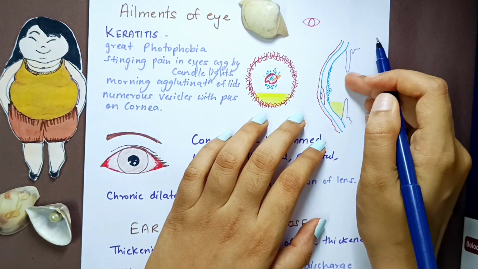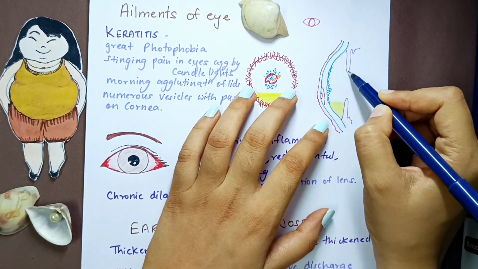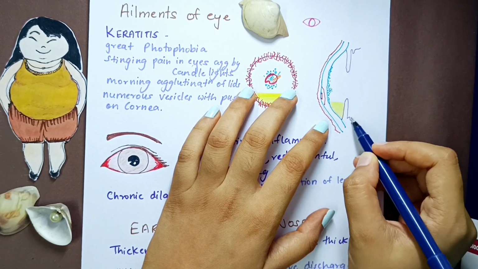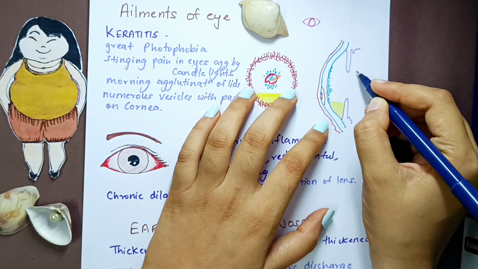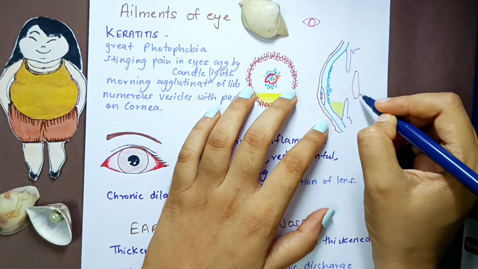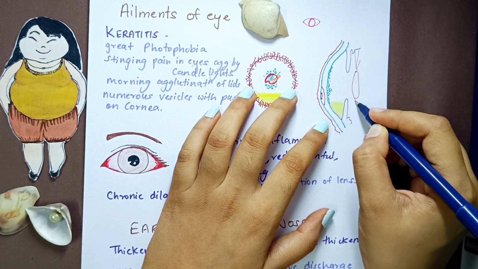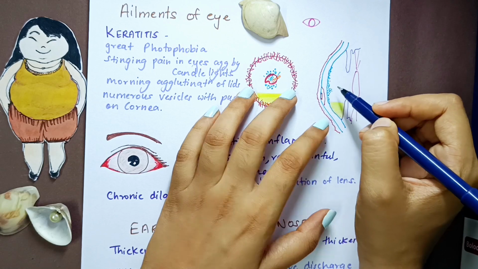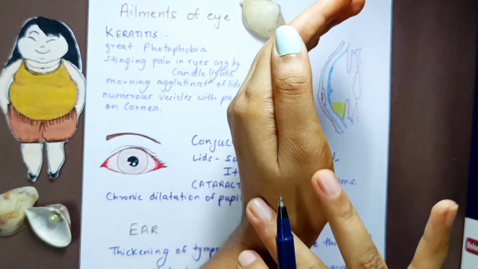If you know the anatomy, this is actually the pupil. These two are iris, and here there are ciliary processes, and here lies the lens, right? The lens lies over here somewhat like this, and these are the ciliary processes which connect. And this is the iris, this is the pupil, this is the cornea, the spherical portion, the convex portion.